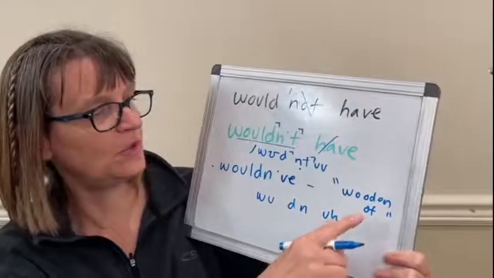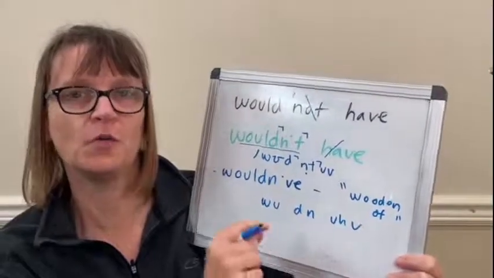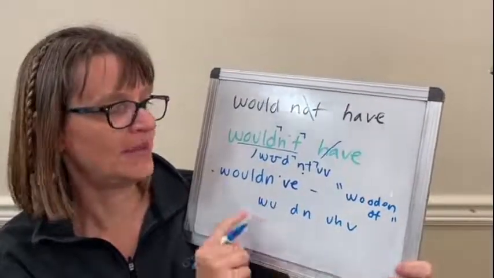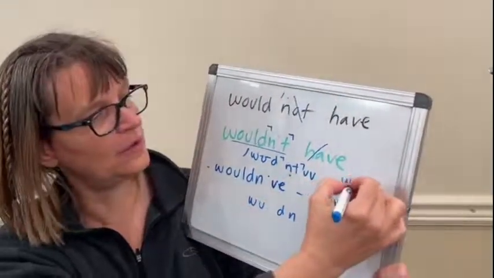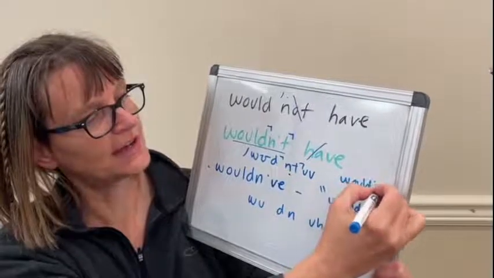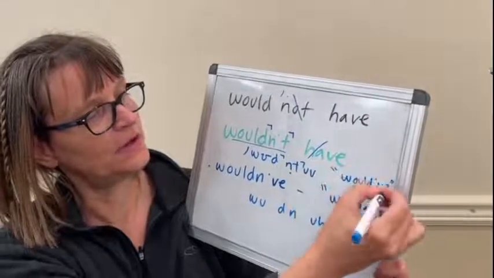So kids will write "would of," "wouldn't of," because that's how it sounds, even though we contract that as would have.